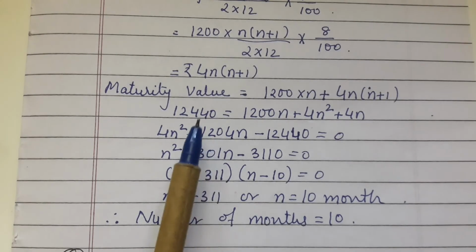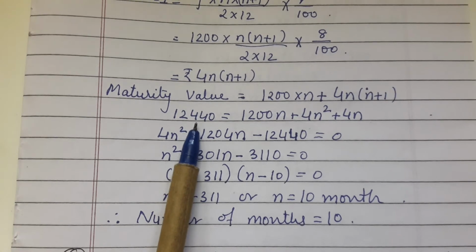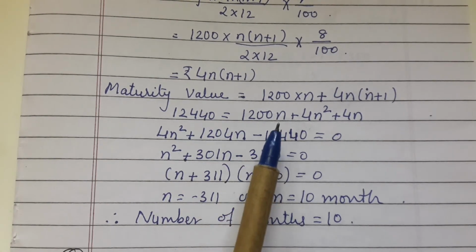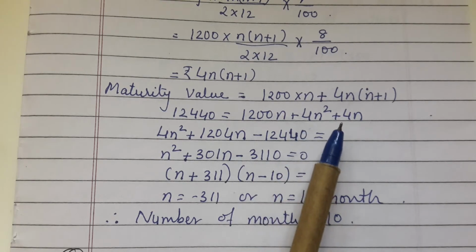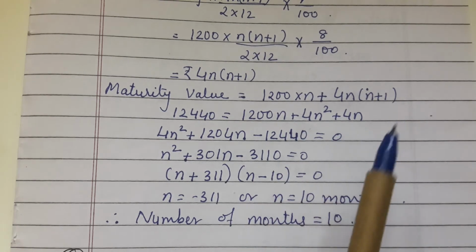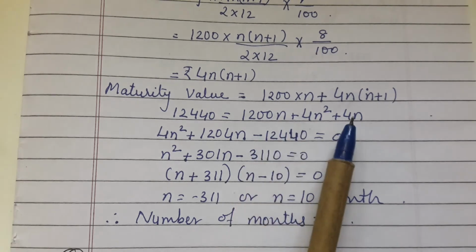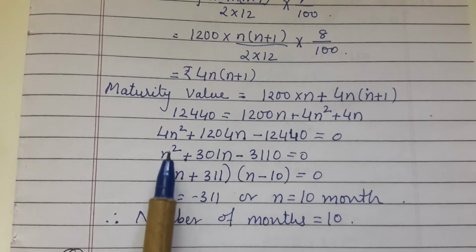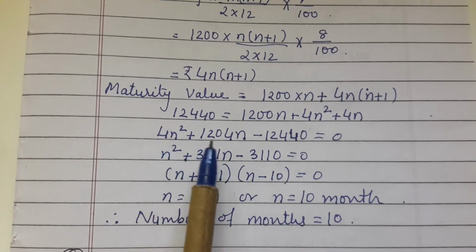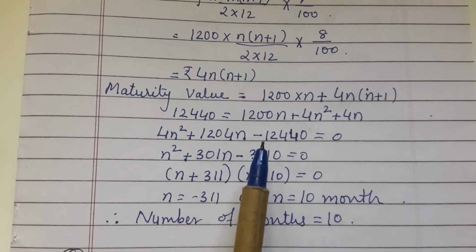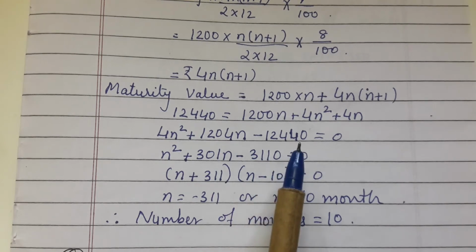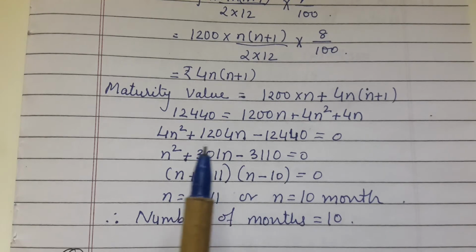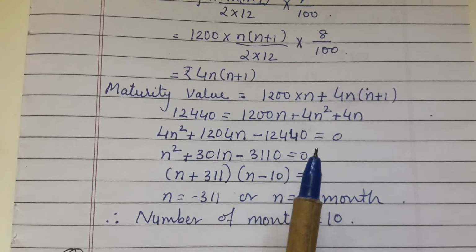Maturity value is 12,440, equal to 1200n plus 4n square plus 4n. 1200 plus 4, 1204n. Therefore, 4n square plus 1204n minus 12,440 equals 0.